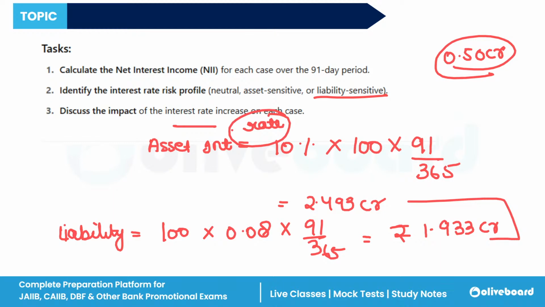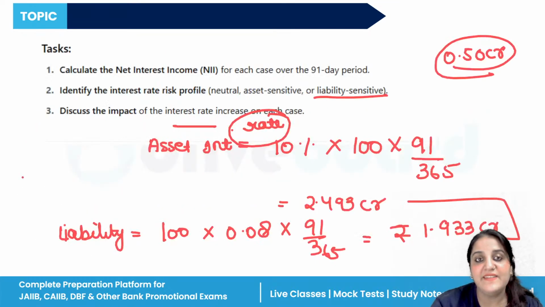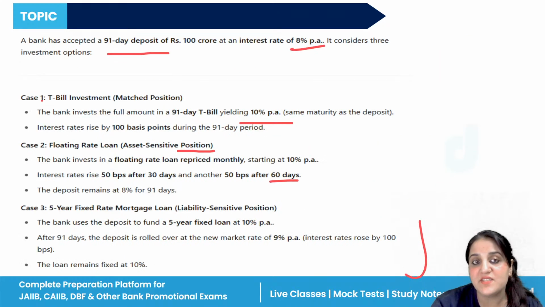So there is a problem when the rates are high, so that creates the problem. Got it? And here we checked for only case 1.